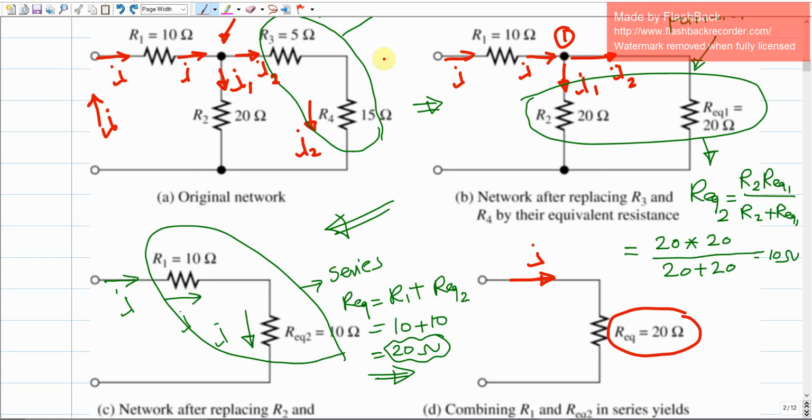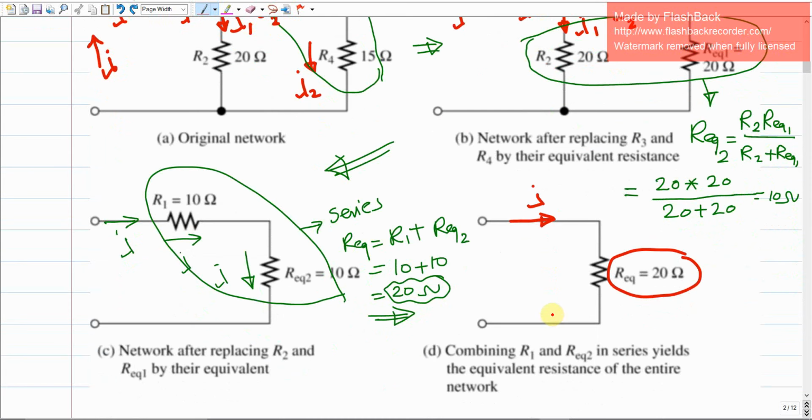Basically this is going to be the source, and you distribute the current through the circuit into I, then I1 and I2, and I2 is going to be the same. So start from the element that is far from the electrical source, and do the simplification step by step until you end up with the total equivalent resistance for this electrical circuit. Make sense?